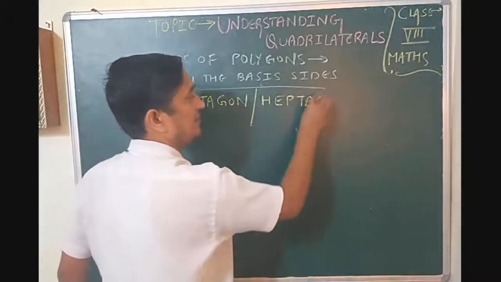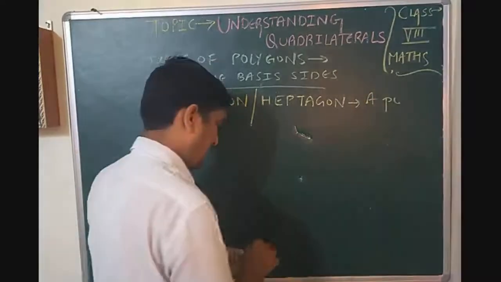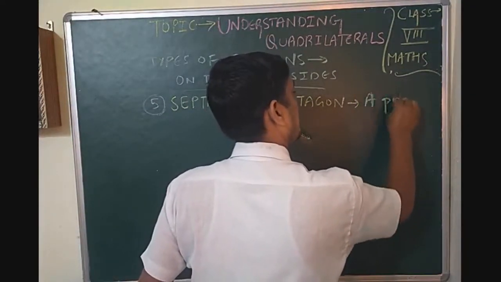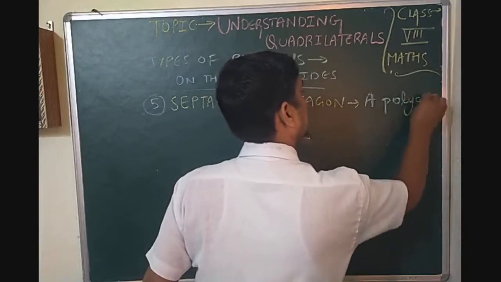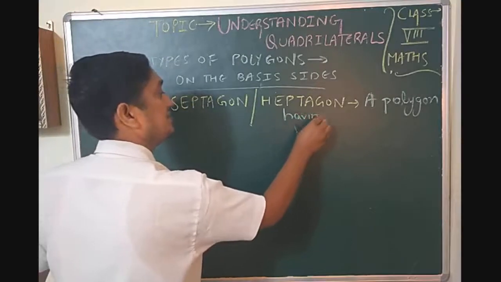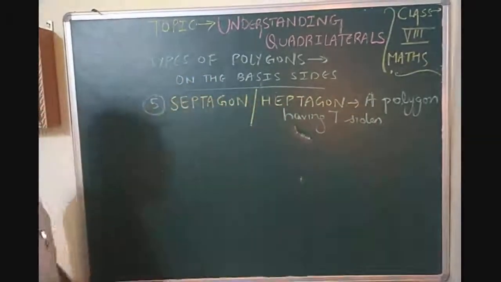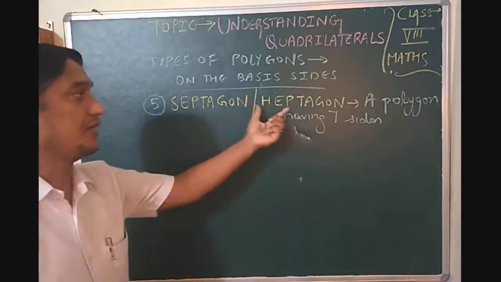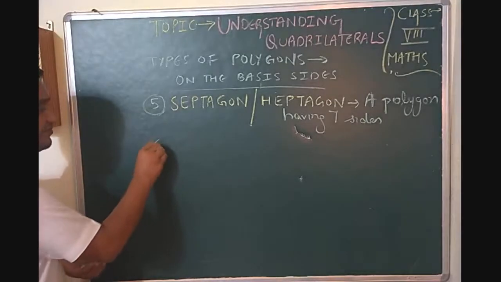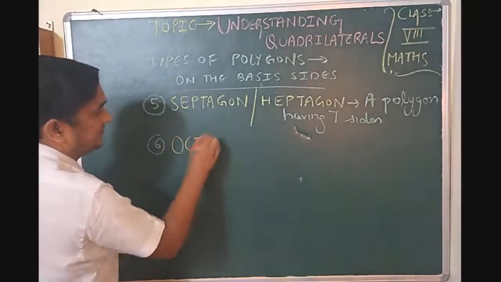Both have the same meaning, a polygon having 7 sides. A 7-sided polygon is called either septagon or heptagon. Next, octagon.